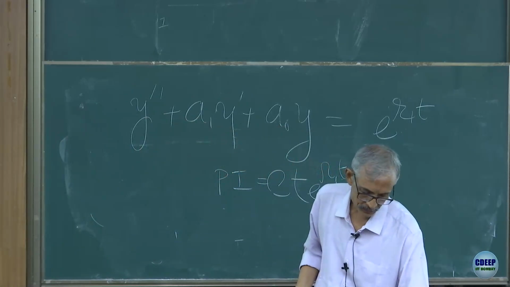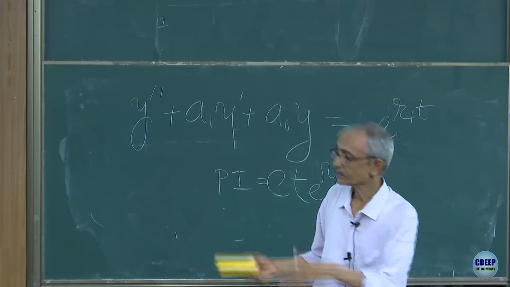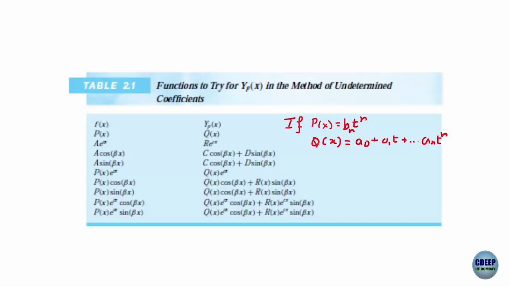So we have seen a couple of things. This is a table that I have picked up from your textbook, with certain suggestions. We have a method of undetermined coefficients, so to speak. We need some kind of hypothesis for the particular integral.